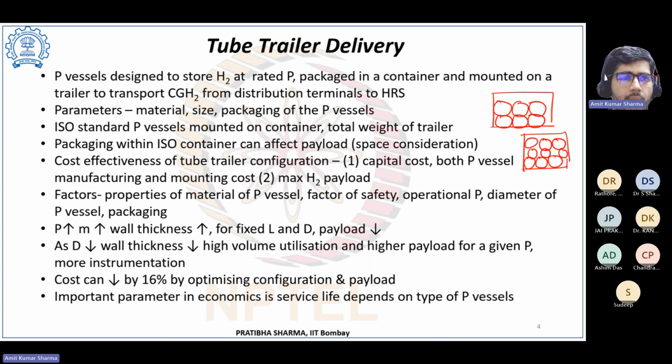So we can have tube trailer delivery. Important parameters are material, size, and packaging of the pressure vessel. Arrangement, like you can arrange like this, or like this. By changing the configuration, you can decrease the cost by up to 60% by optimizing configuration and payload.